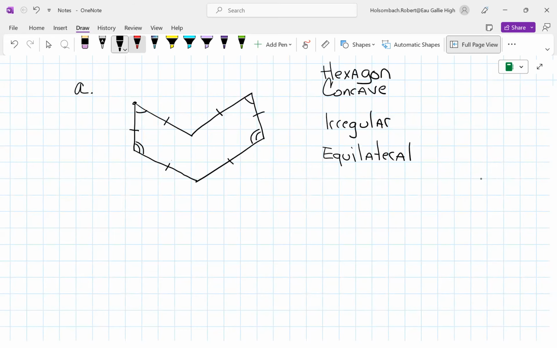Now, I'm not going to draw that shape B because it's got too many sides. But let's classify it by number of sides. Any volunteers? By sides? Yes. Octagon.